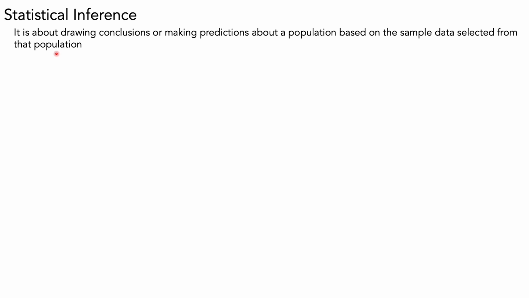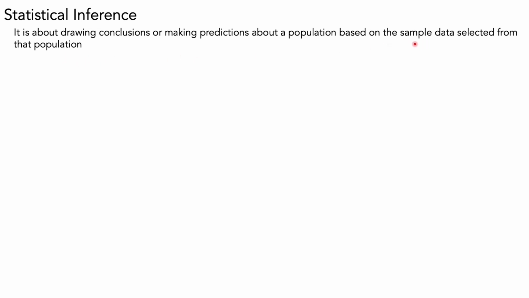So to make our job easier, we collect samples from the whole population. Samples mean that we select some of the items from the population, and through some statistical procedures we collect the data of interest, the measurements that we are interested in, only on the samples collected from the population.